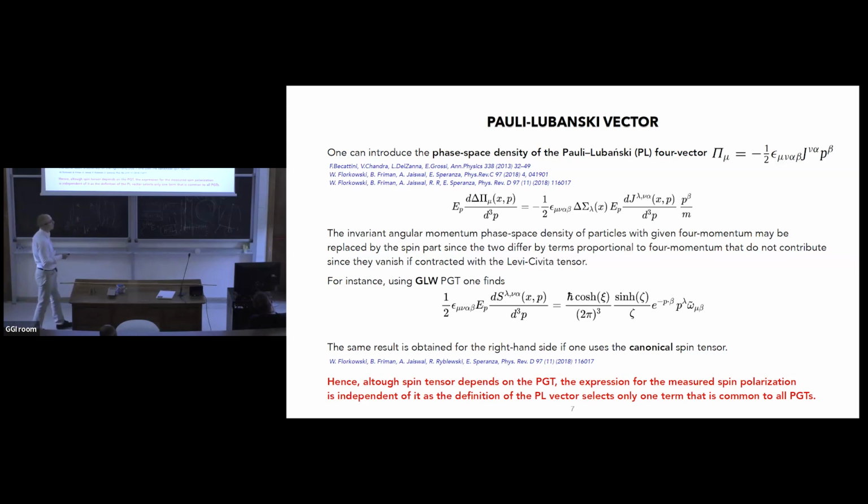For the GLW pseudo gauge, you can calculate, it will give you this expression, and you can repeat the same calculation for the canonical spin tensor, and it will give you the same result.